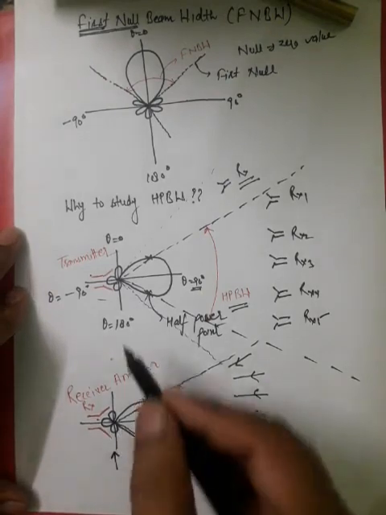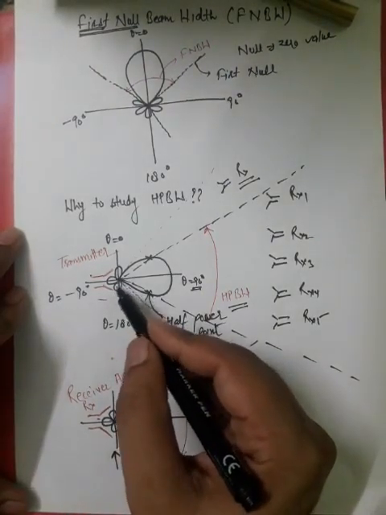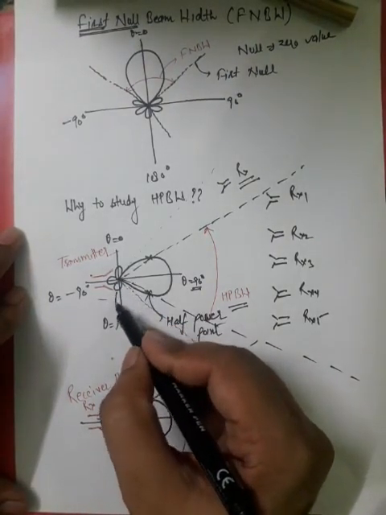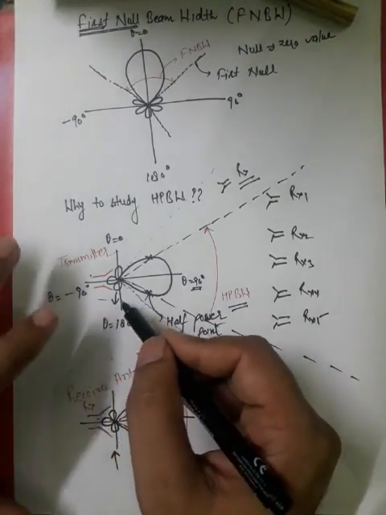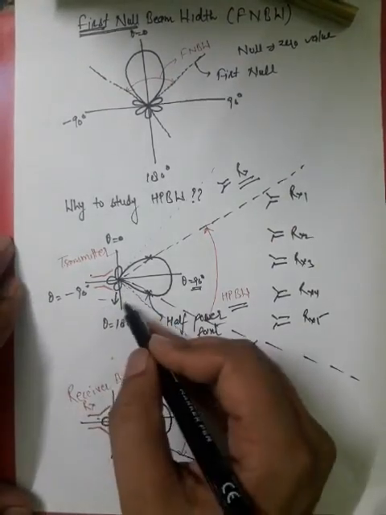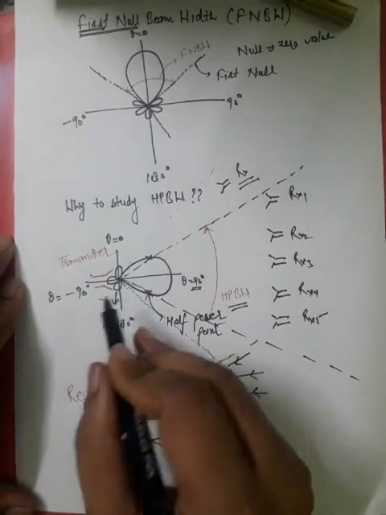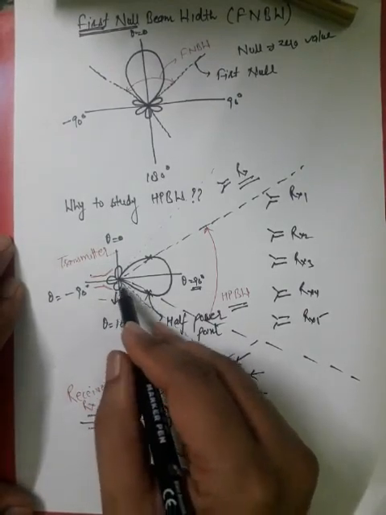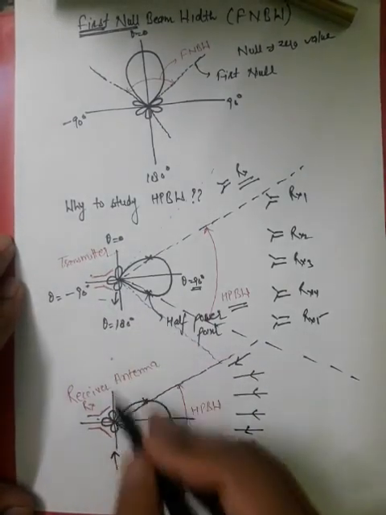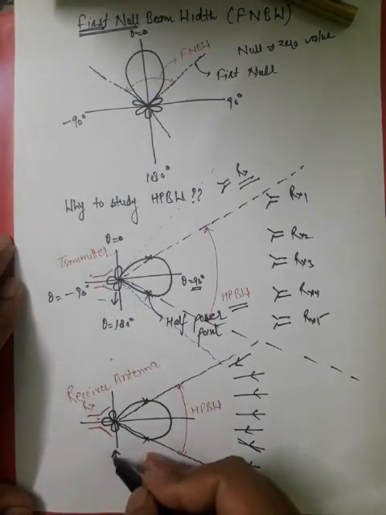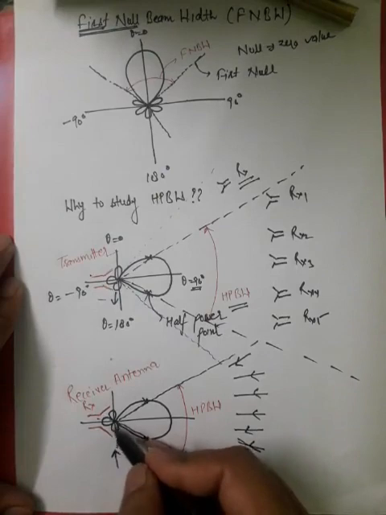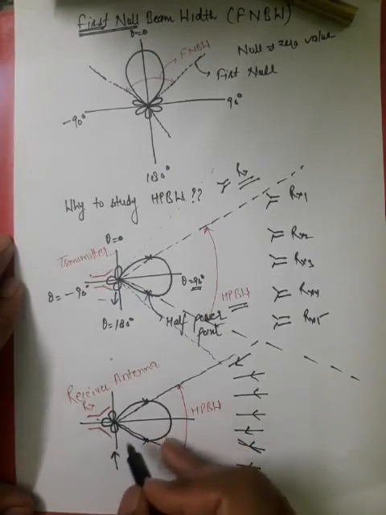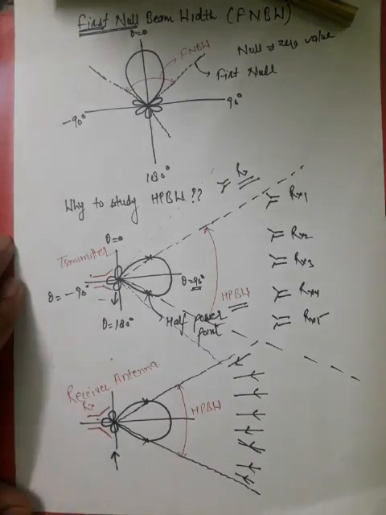So when it is a transmitter, through this minor lobe power will be transmitted. It will be weak power, but surely it will be power. It will have the signal in it. Similarly, when any wave coming in this direction or the direction of the side lobe, it will be received by the antenna.